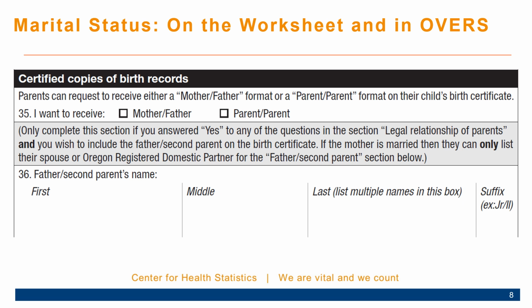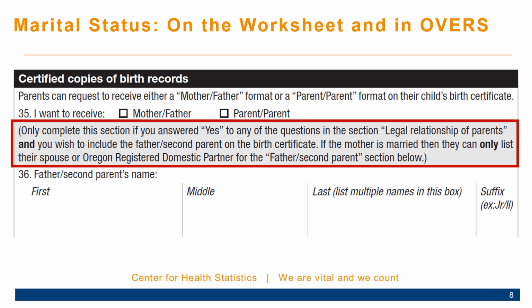If the parents have signed an acknowledgement of paternity, the father's information should be entered exactly as it appears on the AOP form. If the mother is married but does not want to have a father listed, you would still mark her marital status as married, but not enter in the father's name into OVERS.